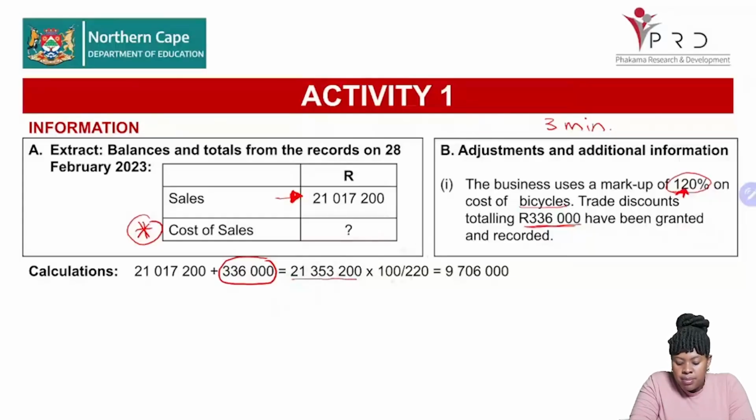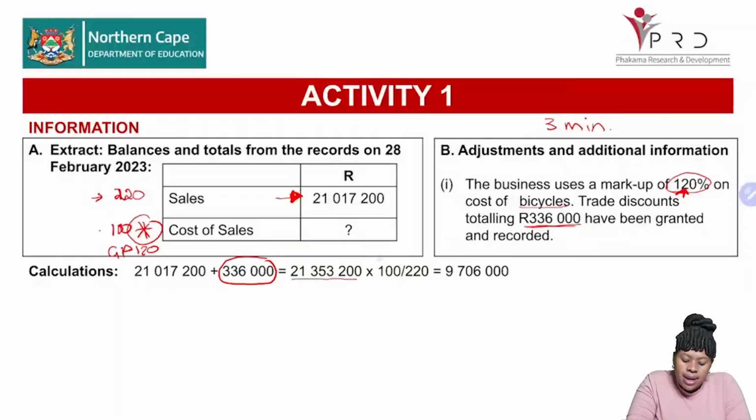We can use the markup to do that. You know how it works. The sales is always 220, our cost of sales will be 100, and as they've said, our gross profit is going to be 120. So 120 plus 100 gives me my sales, because we are selling at a markup.